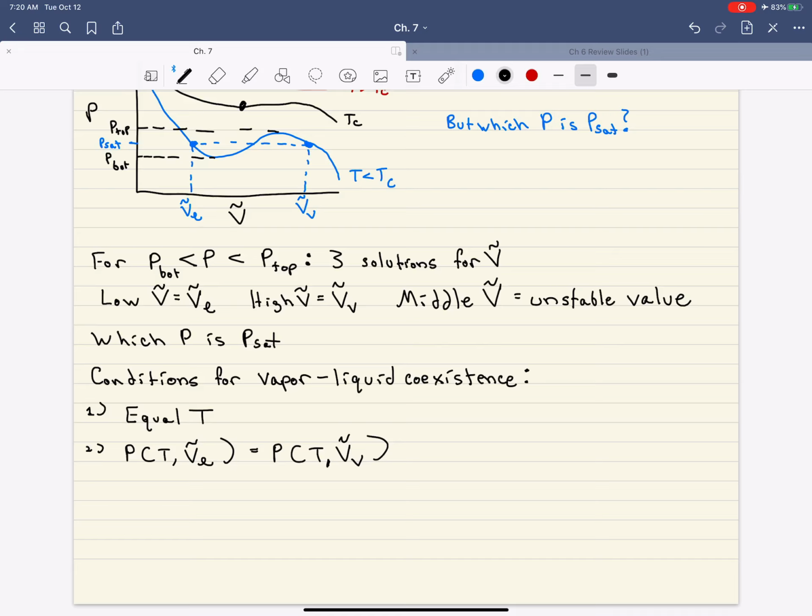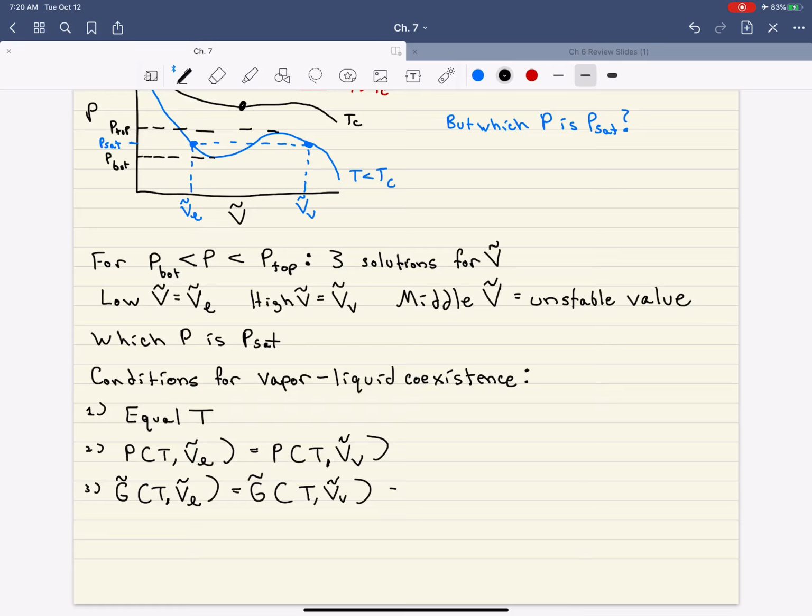The third criterion is that the molar Gibbs energy for the liquid molar volume has to be equal to the molar Gibbs energy we get when we plug the vapor molar volume into the Gibbs equation.